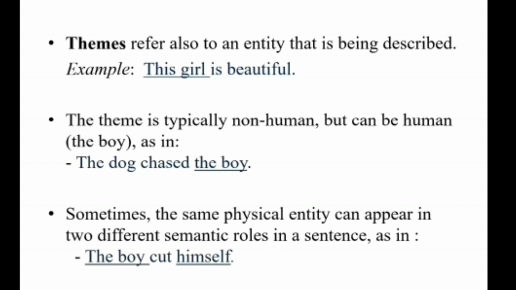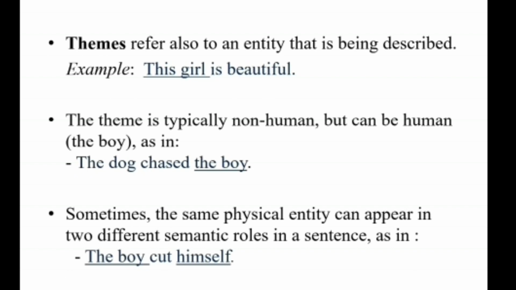Sometimes the same physical entity can appear in two different semantic roles in a sentence. For example, here, the boy cut himself. See here, both the boy and himself refer to the same entity, and this same entity has two different semantic roles in the same sentence.